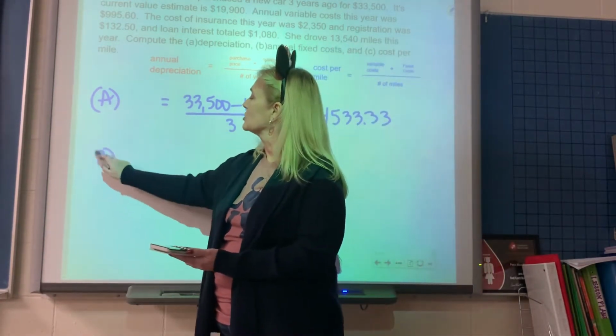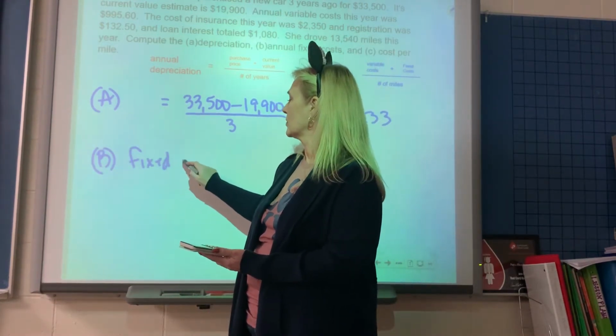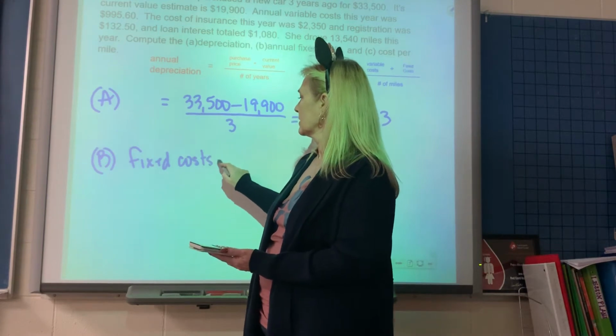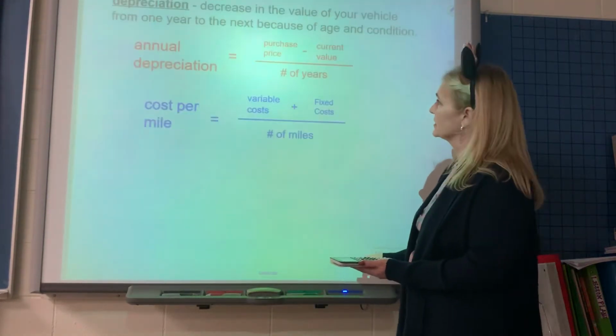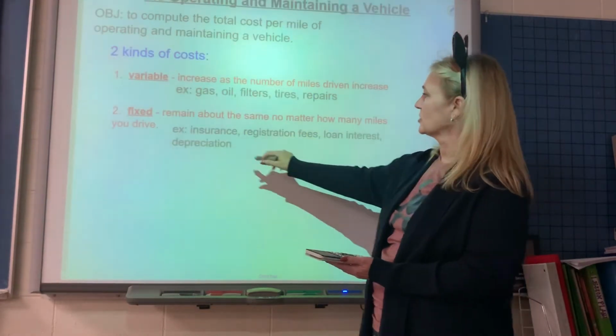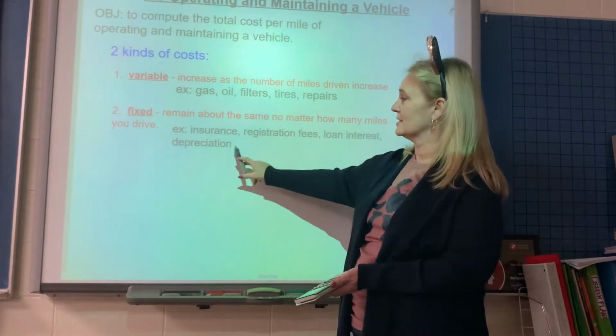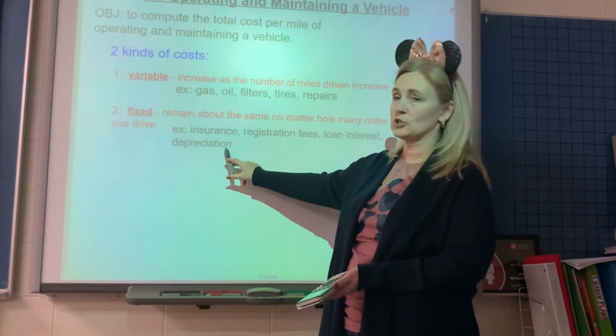Part B asked you to find the annual fixed costs. They gave you the variable ones. Fixed costs, let me go back for a minute. It says fixed cost will be your insurance, your registration fees, your loan interest, and the depreciation, which we just calculated. So make sure you put that number in there.